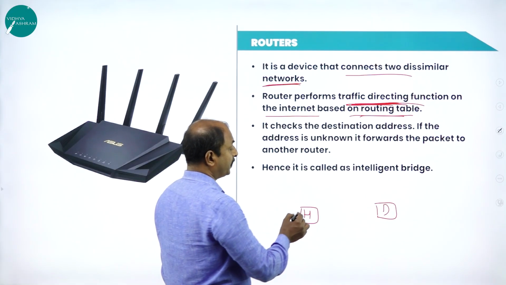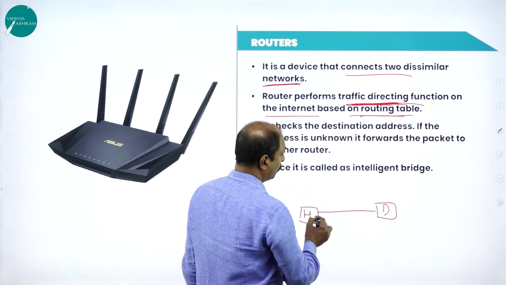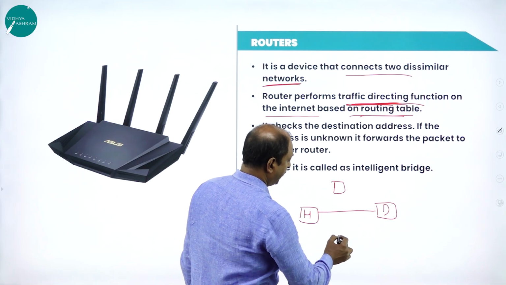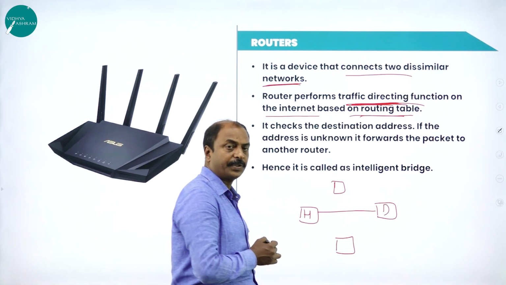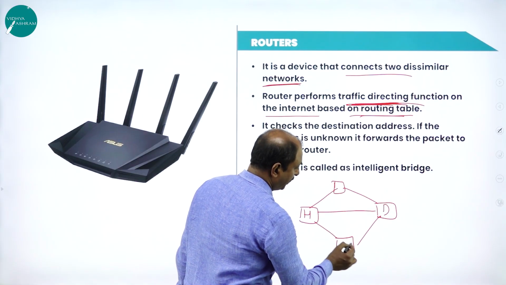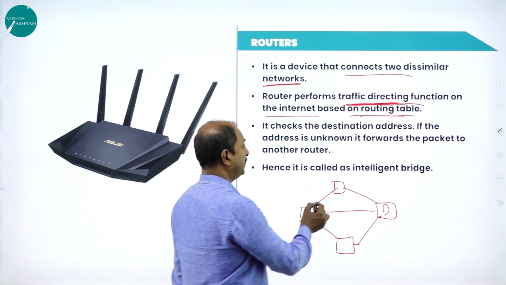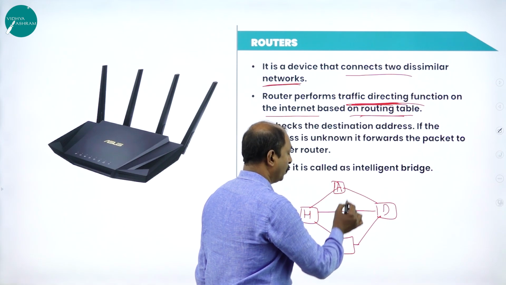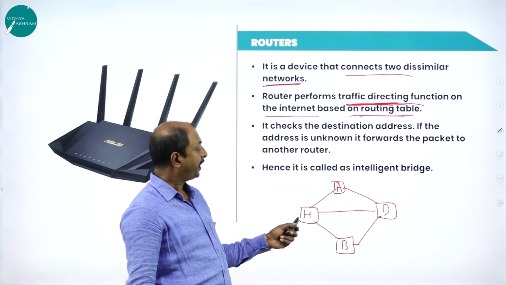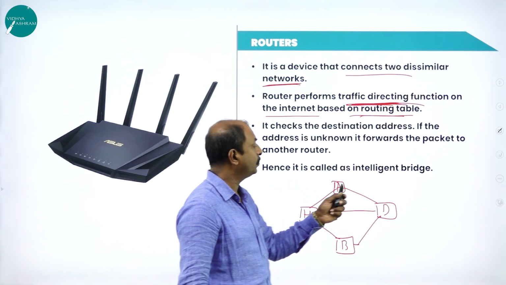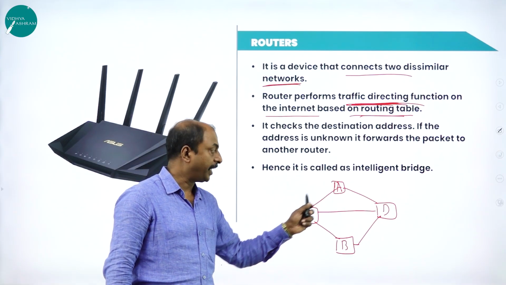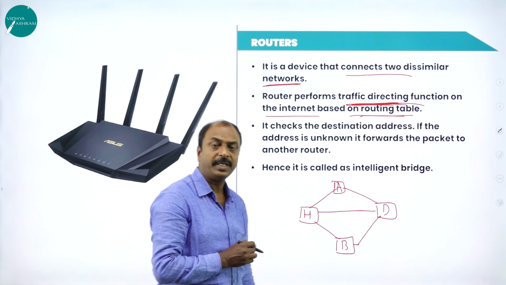In a computer network, if there is more than one path, for example, there is one more node here and one more node there, called A and B. Suppose the device or computer H wants to send a message to D, the destination computer. Now if you look at the diagram, there is more than one path to reach the destination.